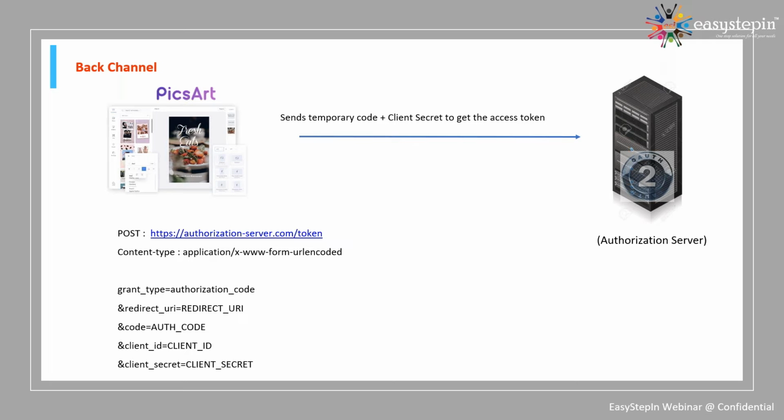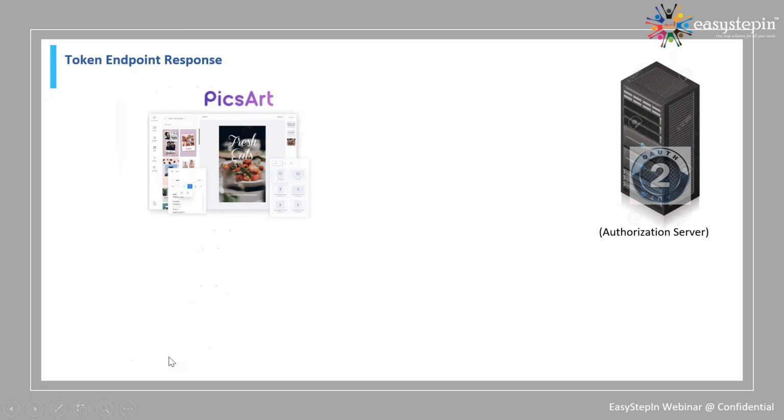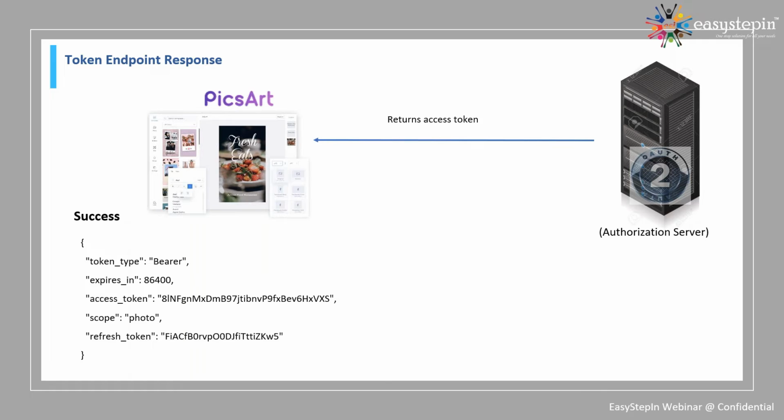Okay, so this is the request that will be sent to the authorization server. Authorization server then returns the access token to the application server with this information: token type, expires in, access token, scope, and refresh token. Right?